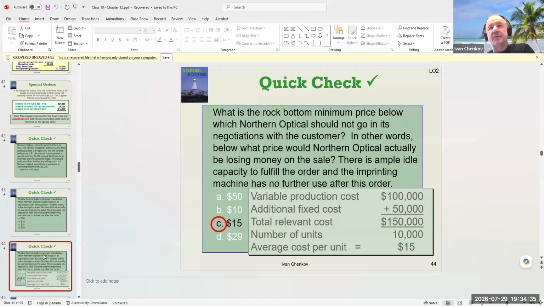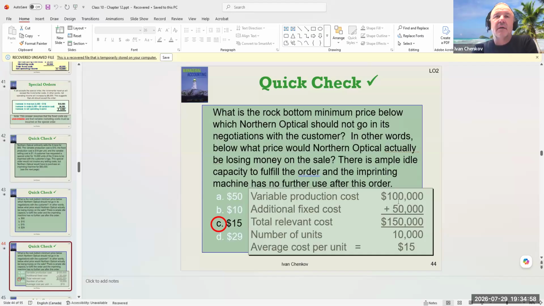Let's go back to our slides and see. Obviously, the answer lies in the calculation of variable cost. So again, you can go with the units, or you can go in total. Here they are going with the total and then converting it to per unit: $100,000 variable cost to produce 10,000, plus $50,000 for the machine, total $150,000 total cost, divided by 10,000 units, $15.